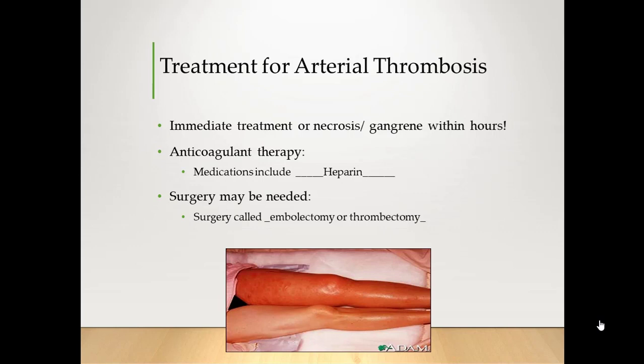They might need to have surgery depending on how big the clot is. It's called an embolectomy or a thrombectomy, where they actually go in and remove that clot. I've seen it where the clot was from the thigh all the way down to the ankle, and they had to go in and remove it because if that sucker let loose, that person was not going to make it.